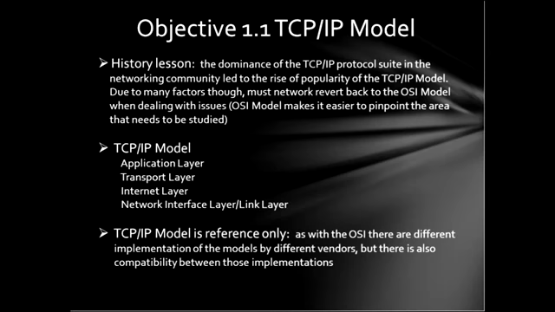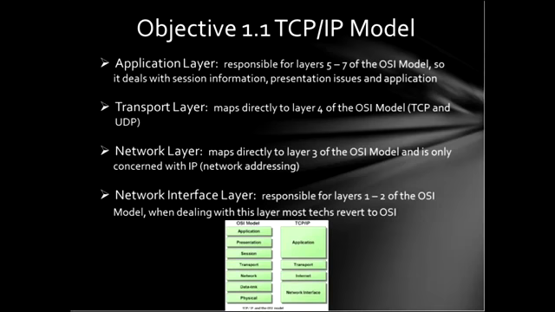As with the OSI model, the TCP/IP model is reference only. Different vendors, again, break it out in different ways. So now let's compare the two. In the TCP/IP model, the application layer is responsible for layers 5 through 7 of the OSI model, which means it's got session, presentation, and application. It takes those top 3 layers of the OSI model and rolls them into one layer.